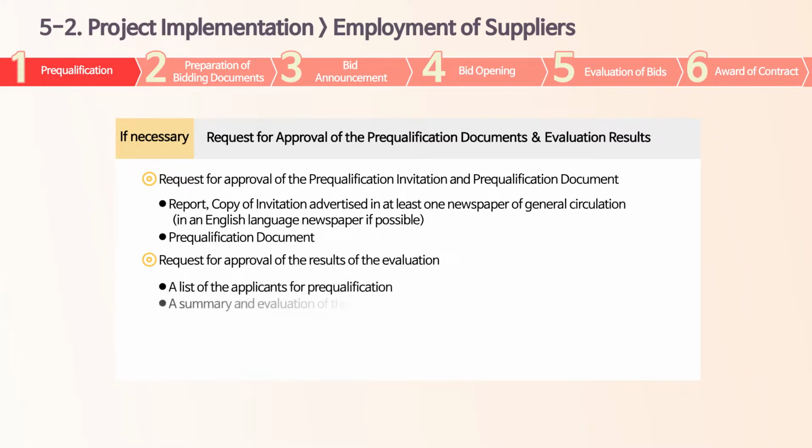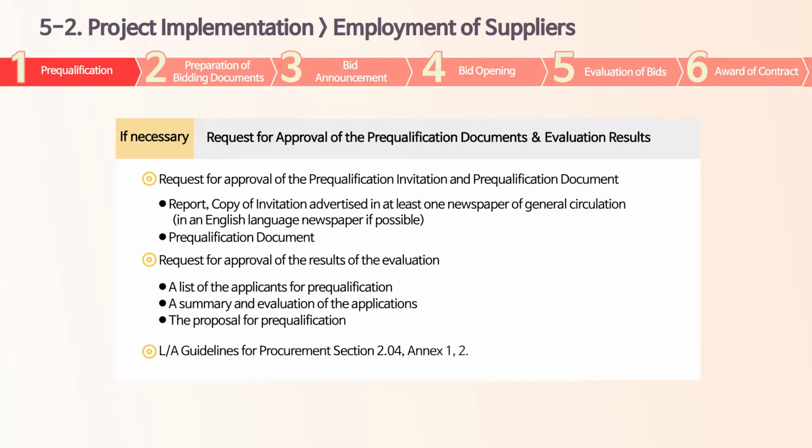Before starting PQ, request for approval of the pre-qualification invitation and pre-qualification document should be submitted to EDCF. Please keep in mind that the invitation should be advertised in at least one newspaper of general circulation, in English if possible.